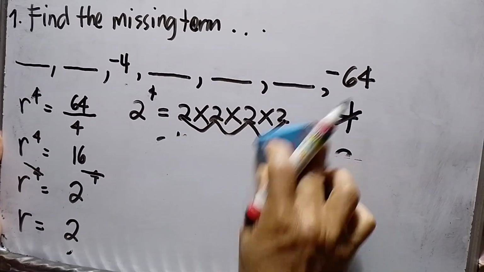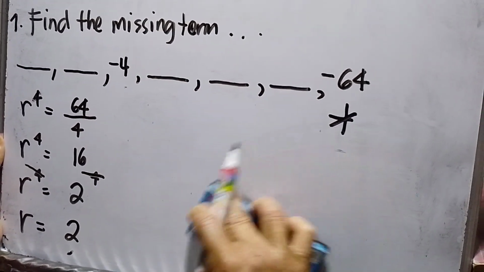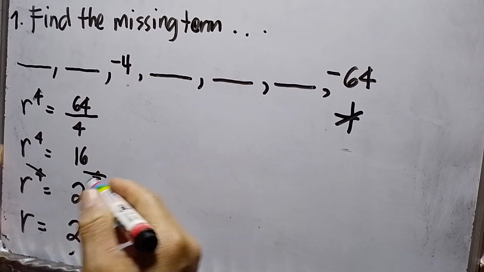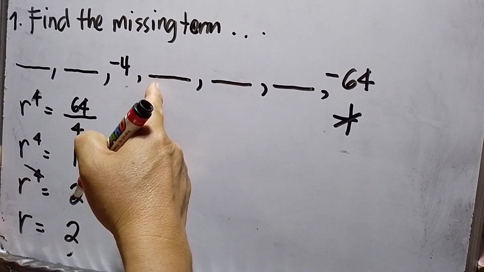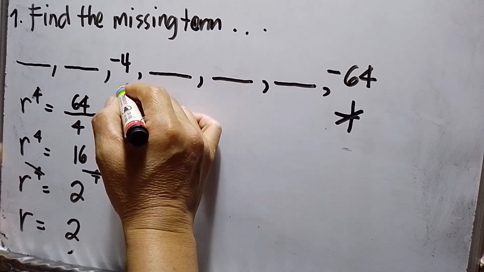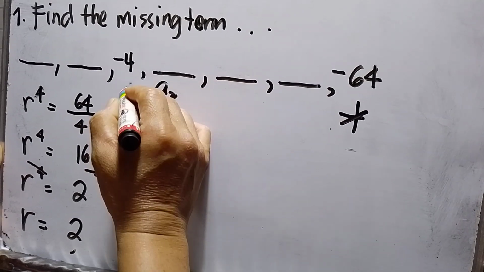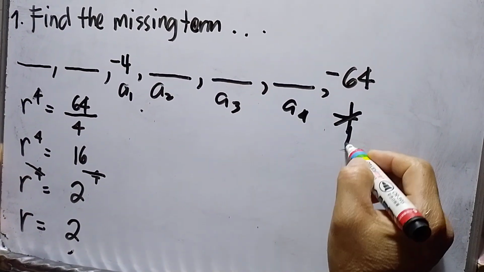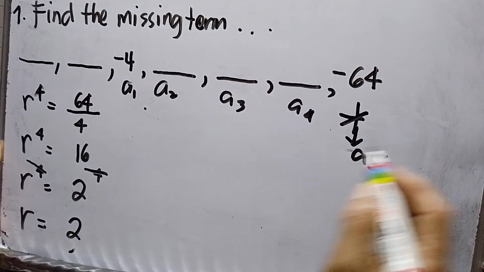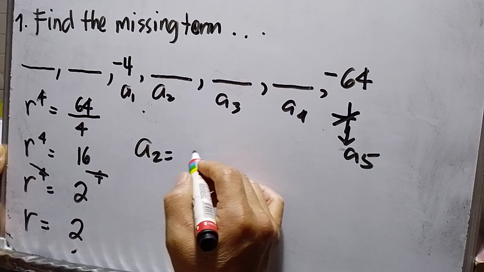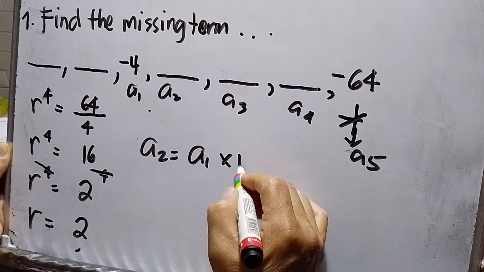Okay, I can solve the missing terms. Since my r is 2, then I will multiply it in here. This will be, let's say, a2, because this is my a1, a3, a4, and this is a5. So a2 is equal to a1 times r.